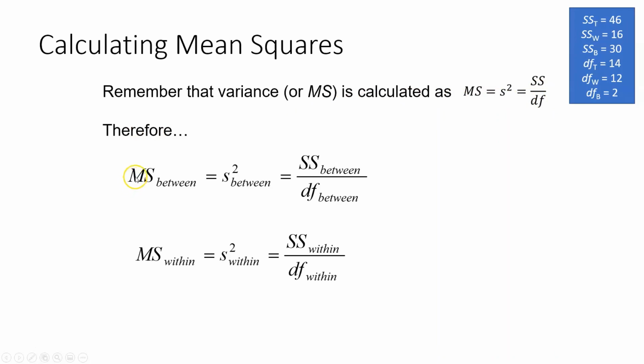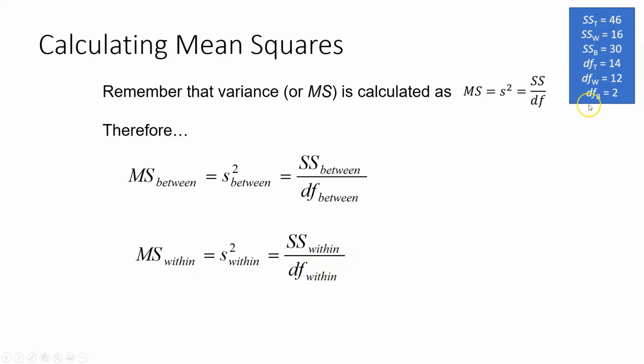Therefore, if we want to figure out the mean squares between, or the variance between, then we take SS over DF for the betweens. And if we want to compute the mean squares within, or the variance within, then we take SS over DF for the withins.